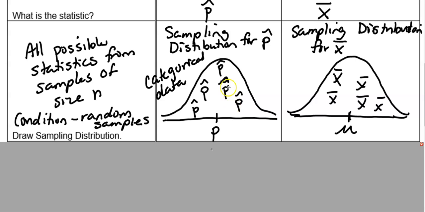This means that P hat is an unbiased estimator for P because all of the sample P hats have an average of P, and a sample mean is an unbiased estimator for mu because all the sample means cluster around the true population mean, which is their center.